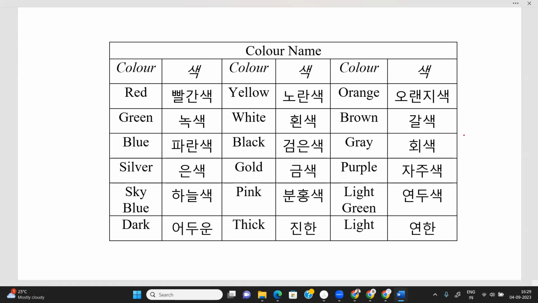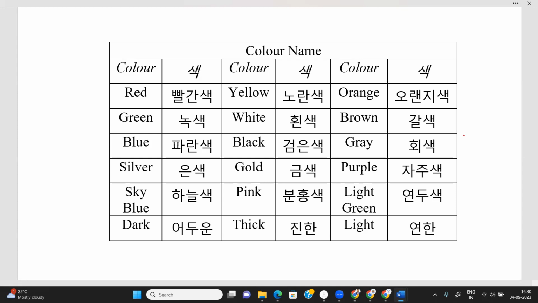Color, 색. Red, 빨간색. Green, 녹색. Blue, 파란색. Silver, 은색.